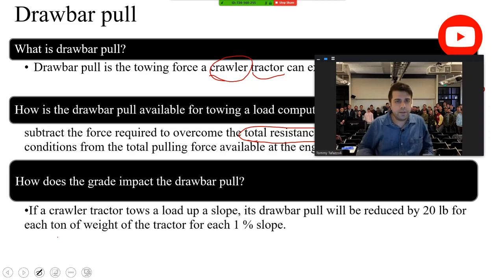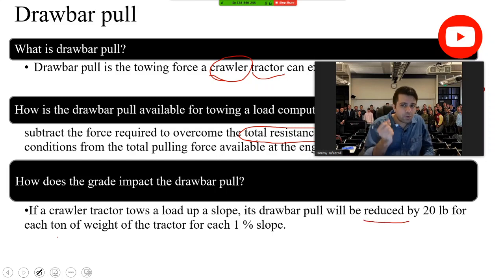To make it easier for ourselves, we consider that if a crawler tractor tows the load up a slope, its drawbar pull will be reduced. It means its power will be reduced by 20 pounds for each ton of weight for each 1% of the slope, okay?